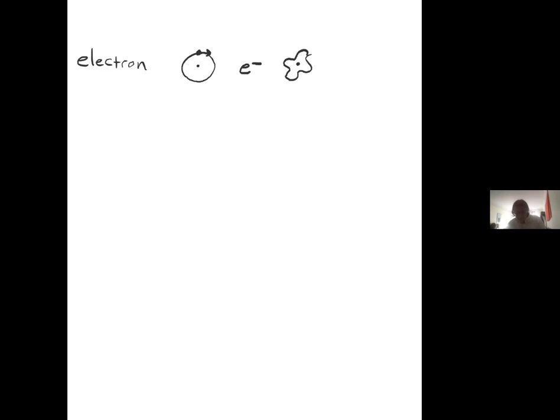For this topic, the way we're going to represent the electron is by using an arrow that's pointing upward or downward. If it's pointing upward, this is called spin up. If it's pointing downward, this is called spin down. The reason we need this is because the electron is an interesting little particle.